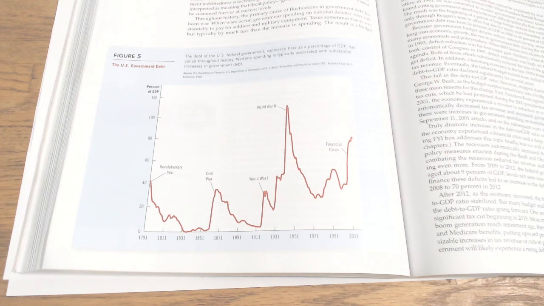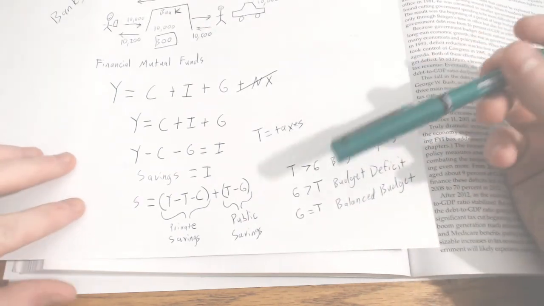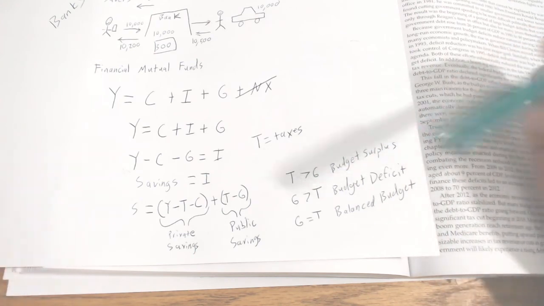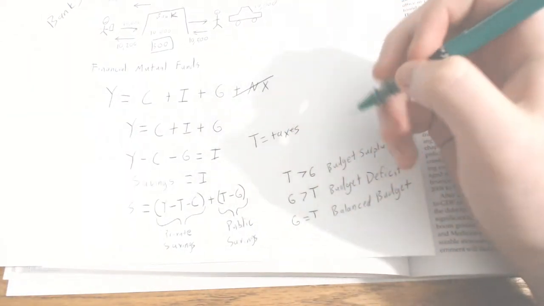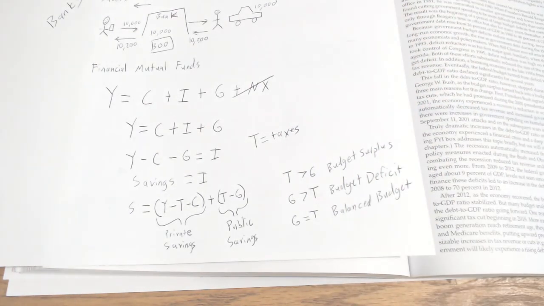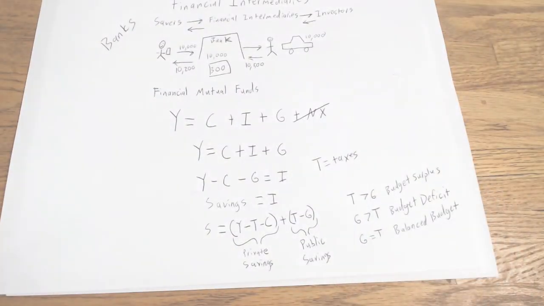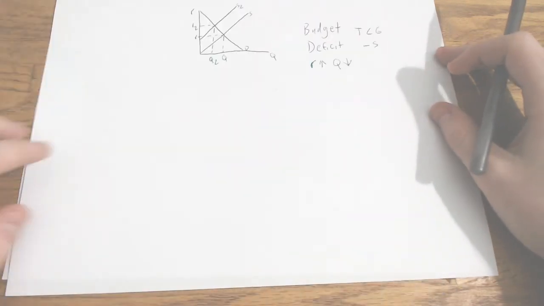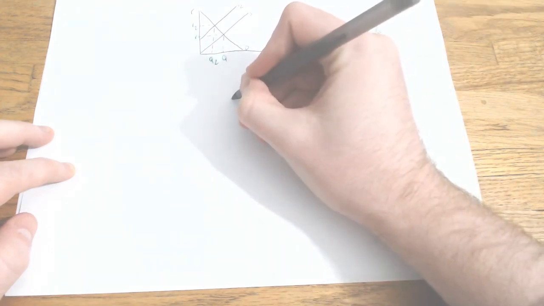So if we look back at our page here, right? So we had taxes and we had government spending. Here, let's rewrite it. And I'll take away the book. So we have taxes, which is government revenue.